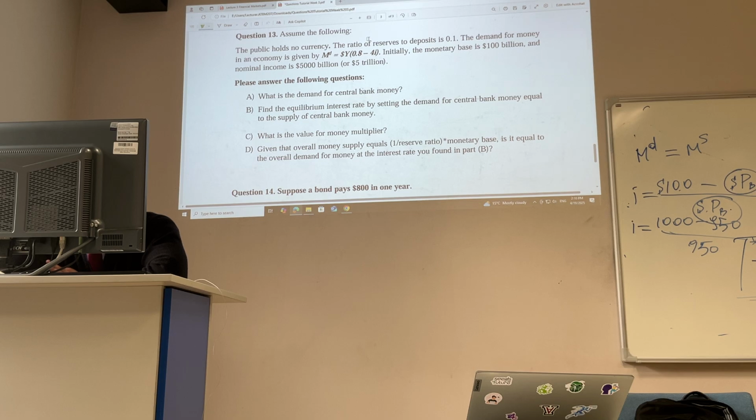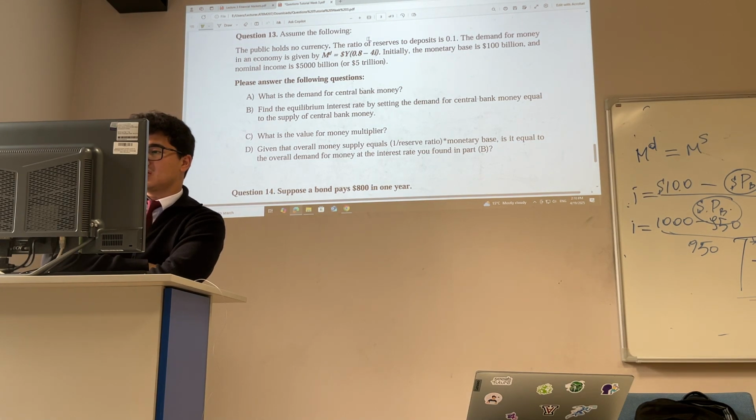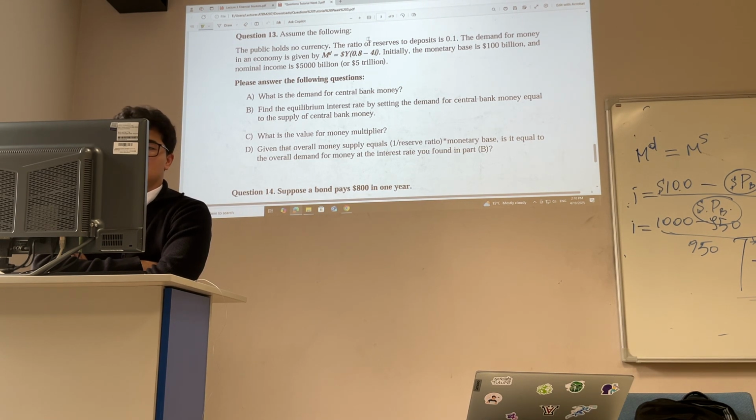Since we don't have an interest rate, you just need to put it in equation form with income. Nominal income is 5 billion, right? So MD is equal to 5 billion multiplied by, for the A part, 0.8 minus 4 multiplied by the interest rate.